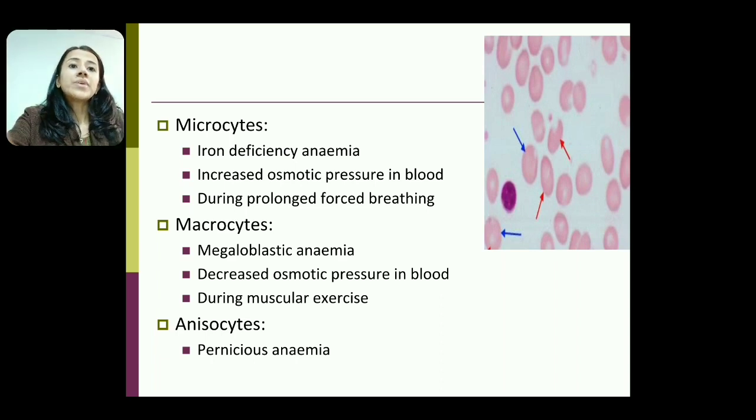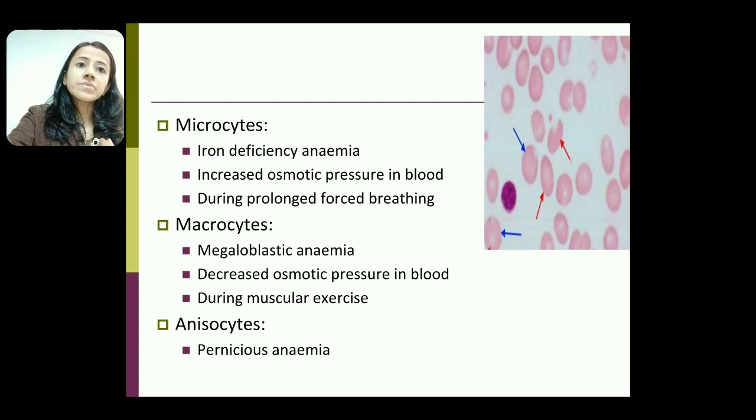When osmotic pressure of the blood increases, there is osmosis of fluid from the cell to outside, and that results in decrease in the size of the cell. And during prolonged forceful breathing also, because of decrease in the carbon dioxide, there is reversal of chloride shift, and that results in microcytes. Macrocytes causes are megaloblastic anemia, because of deficiency of vitamin B12 and folic acid.